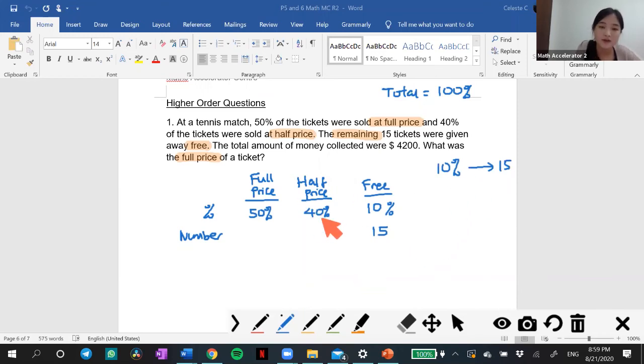Right, so can you find out half price, full price? So you need to find 40% and you also need to find 50%. Yeah, okay, 40% you should have 60, correct? How about 50%?